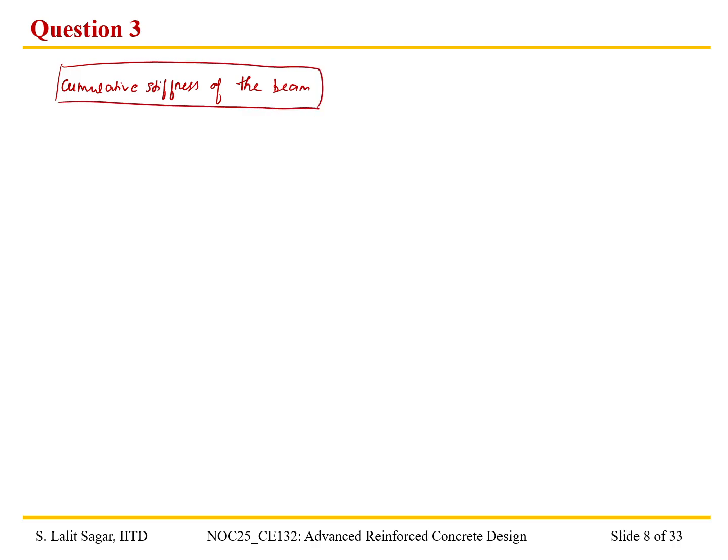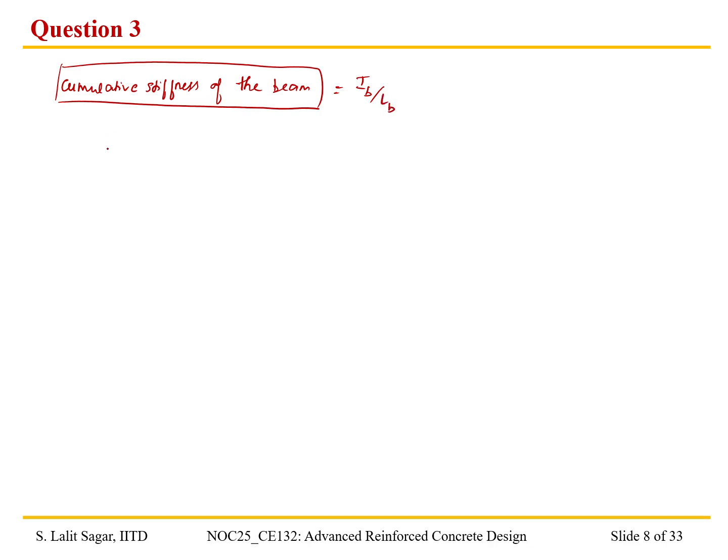Cumulative stiffness of the beam is given by IB divided by LB.